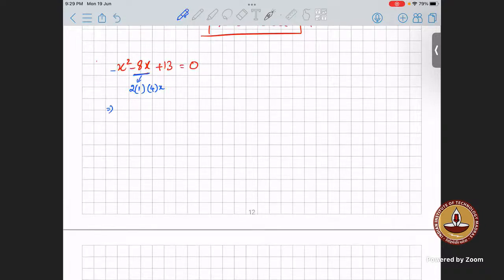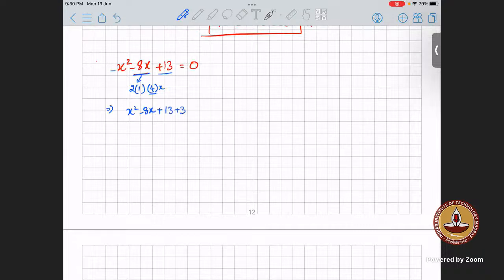So x square minus 8x. Here there is 13, but 4 square is missing. What is the value of 4 square? 16. What should we add?